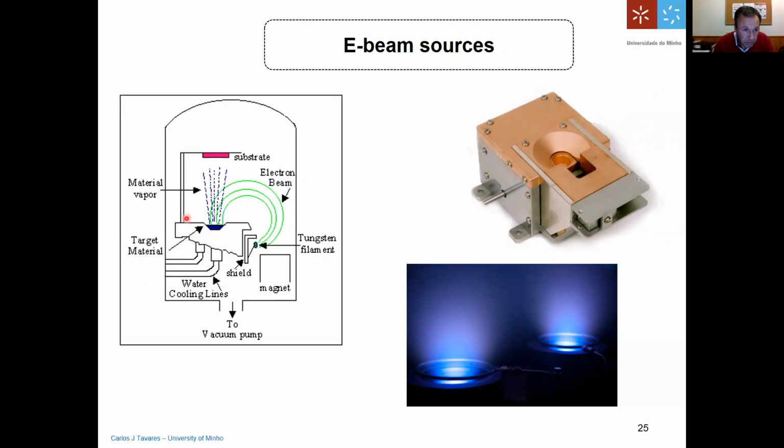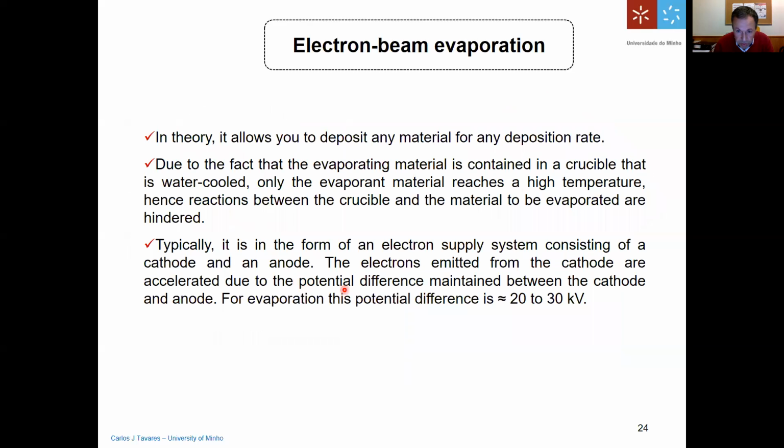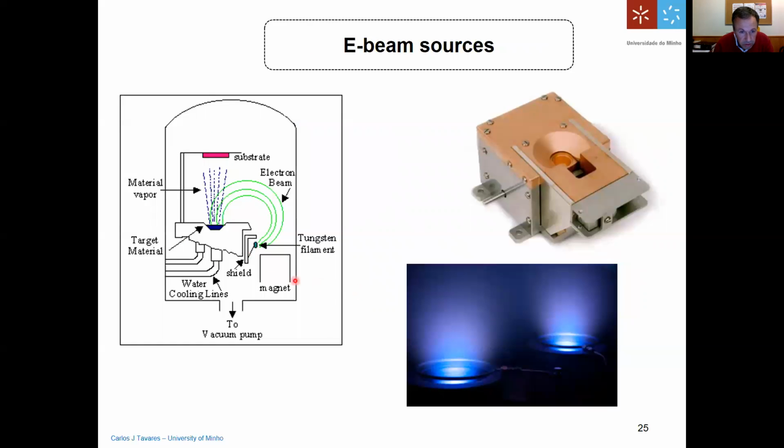Then you have your evaporant material, which is put here in the middle. Then you need a cathode, which can be a tungsten wire, and you have to have, for example, placed around your chamber, an anode, where you can apply this potential difference between 2,000 and 30,000 volts.